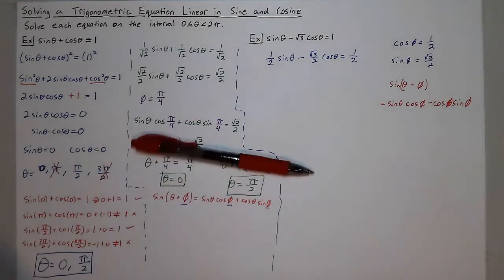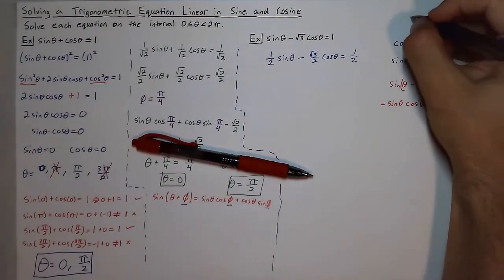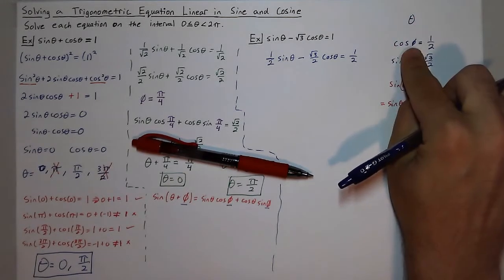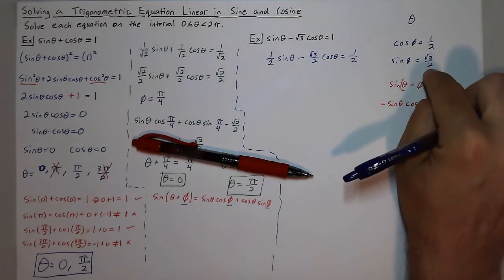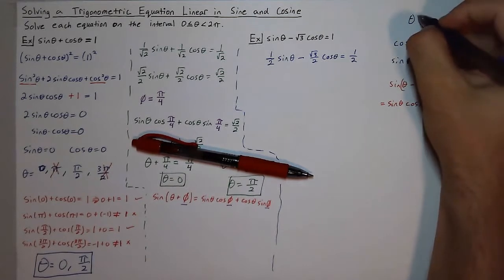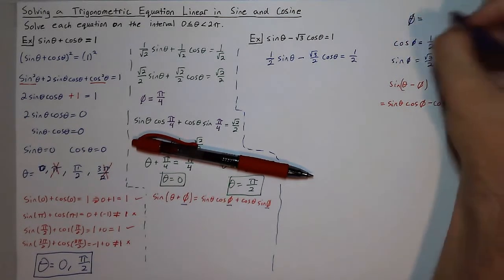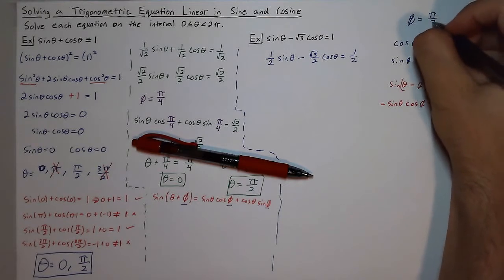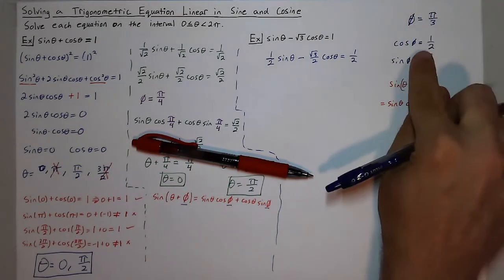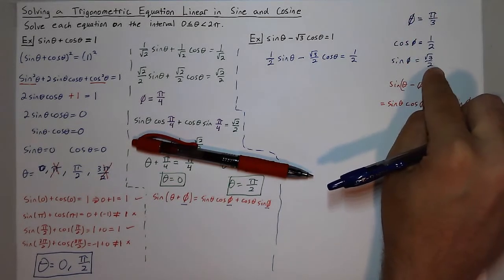So what angle does that? Well, if cosine is equal to 1/2 and sine is equal to square root of 3 over 2, that's definitely in the first quadrant. And this phi is going to be equal to pi over 3, since that's where cosine is equal to 1/2 and sine is equal to square root of 3 over 2.